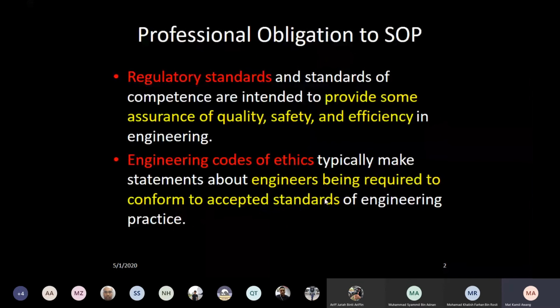For example, you have the IEEE Code of Ethics, the Mechanical Engineering Code of Ethics, the IEM Code of Ethics. So you have all those engineering codes of ethics.